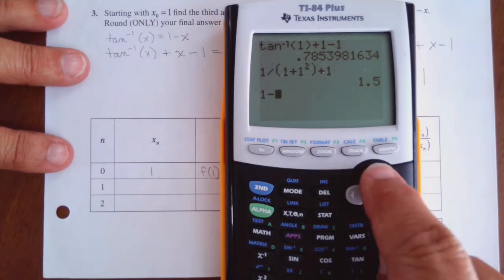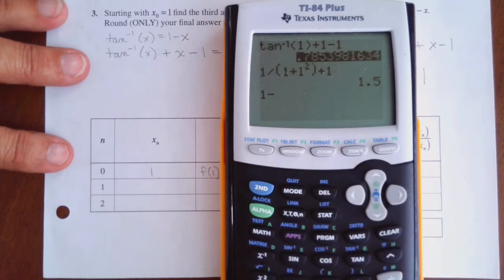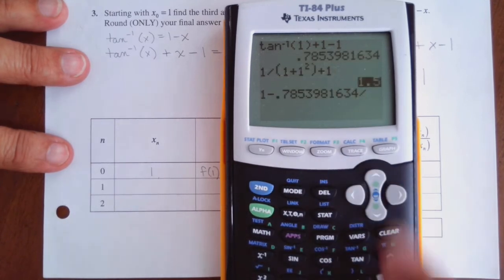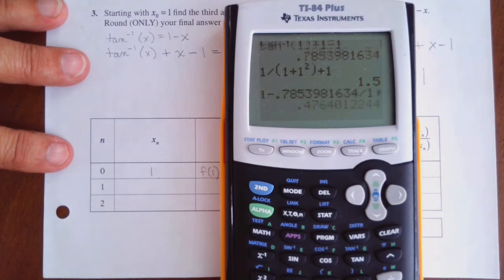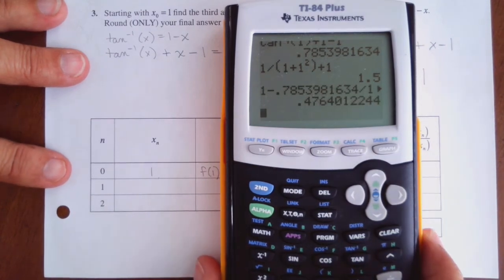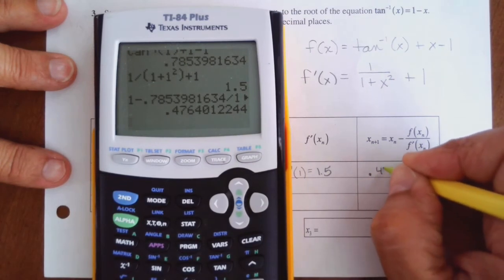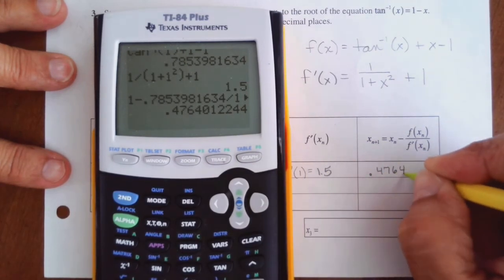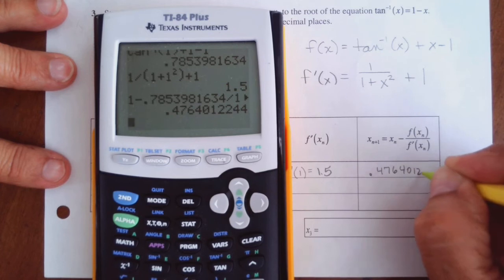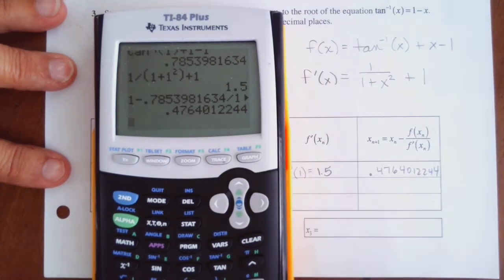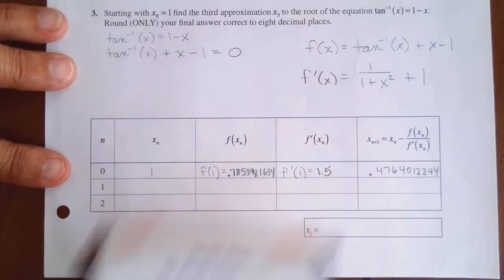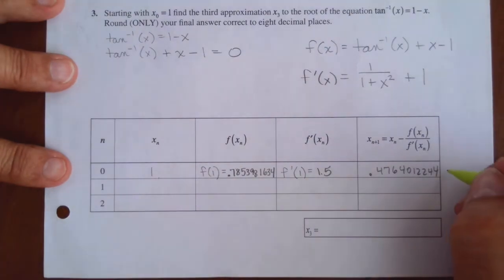I'm just going to arrow up to that, divided by the derivative, and hit enter. So there's my new approximation, 0.46401224.